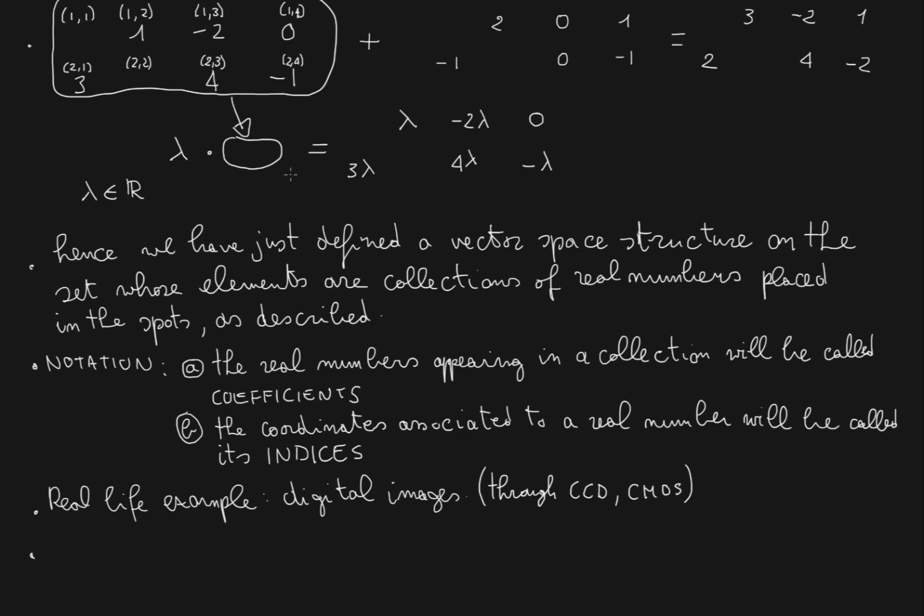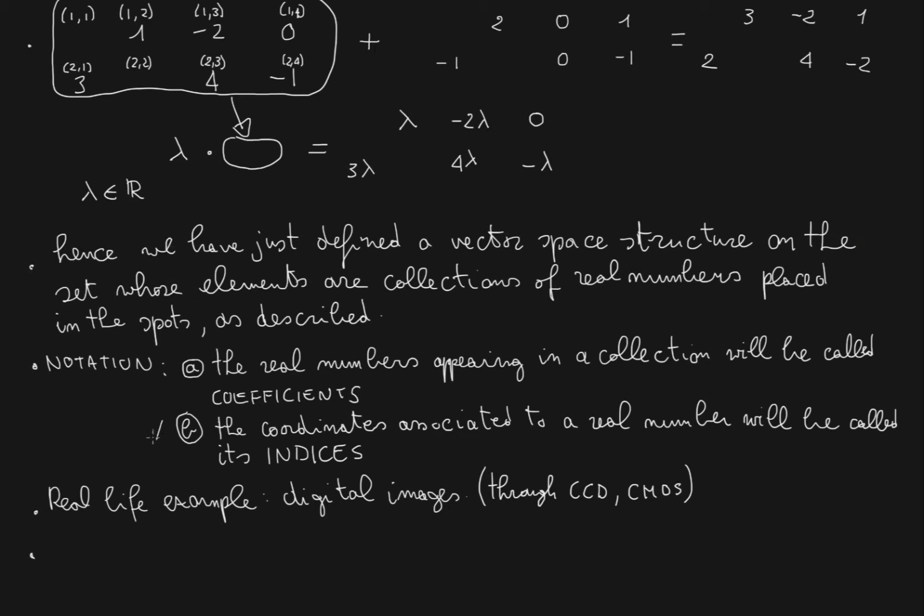So we have seen that we have no problem defining a vector space structure on this more general collection of numbers, but it would be impossible to define a multiplication of any two such objects if we allow blank spots in it.